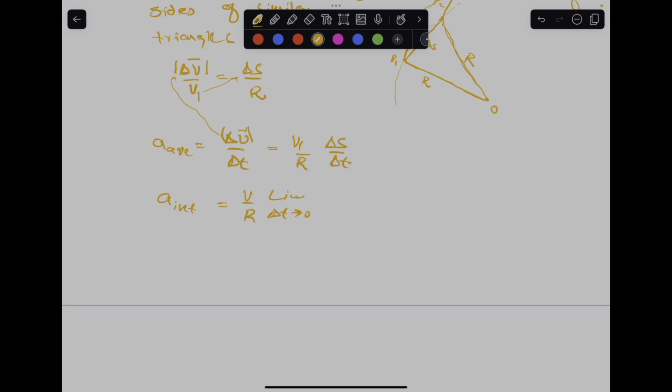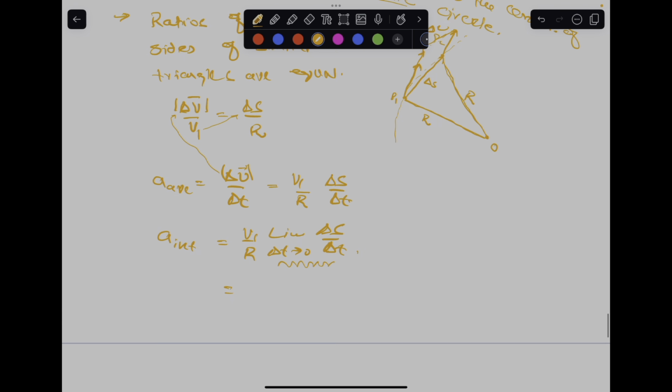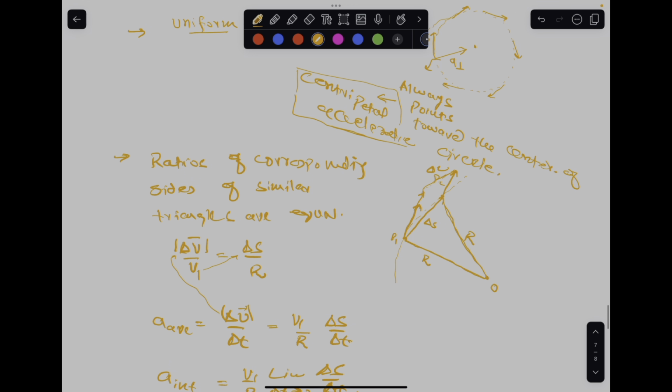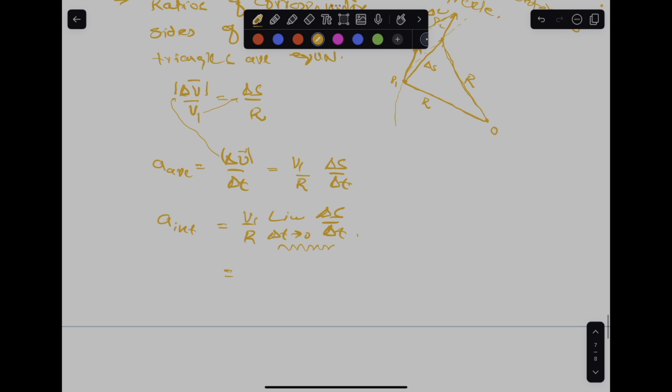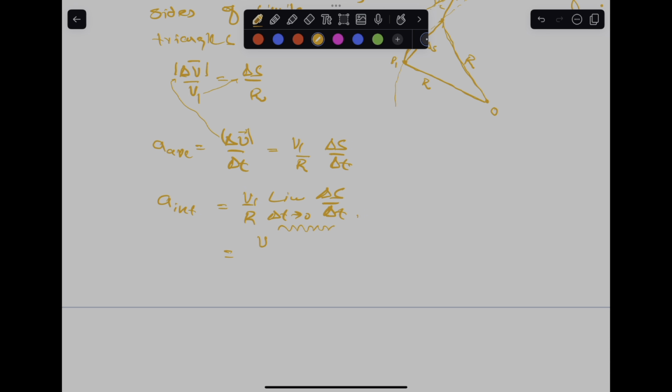This becomes an instantaneous acceleration when del T tends to 0 and it converges to a point. So this becomes a velocity as well, or it converges to that point P. So this is your velocity V1 and this is your V1.